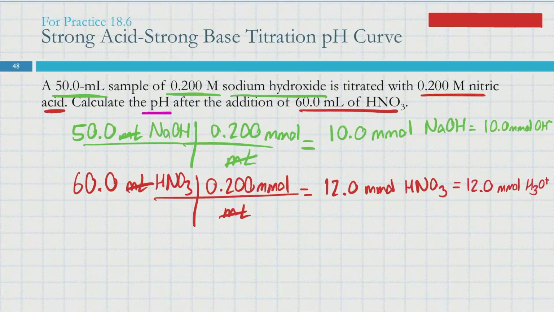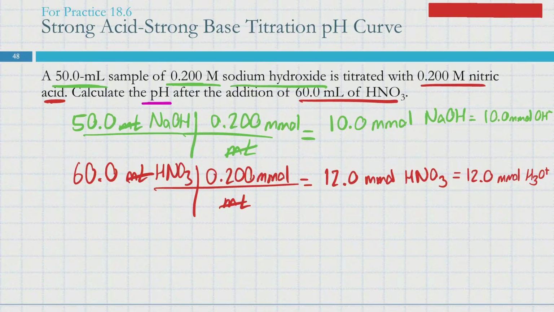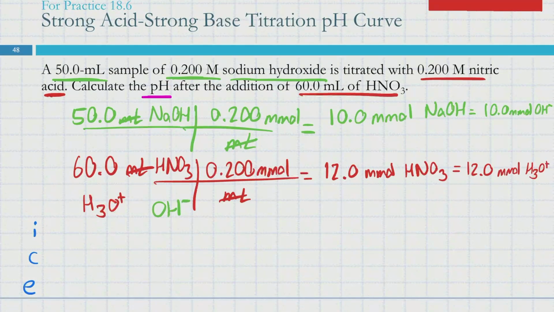So that's what we'll put in for our initial amounts in our little, not a nice table, but looks like a nice table. So H3O plus, sodium hydroxide, hydroxide. For our H3O plus, we've got 12 millimoles.